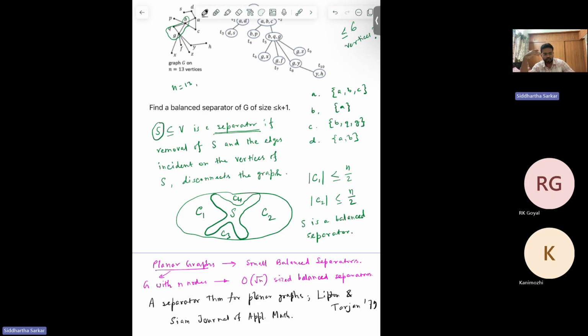There are some classes of graphs for which it is possible, and if you can express your problem in terms of a graph where such a property holds true, then the algorithm becomes immediate.